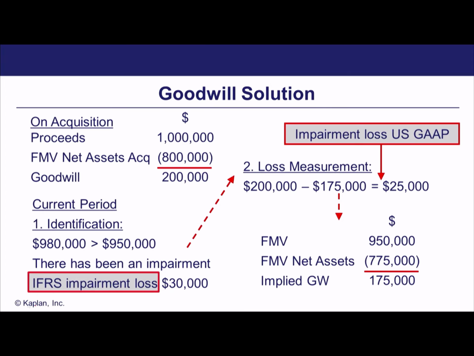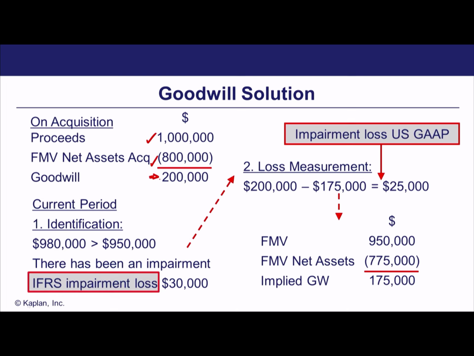Okay, so first of all, let's start off with the original goodwill calculation. So we acquired it by spending 1 million. The fair market value of identifiable net assets we acquired, 800,000, and therefore the goodwill figure that we reported initially at the date of acquisition, 200,000. Next thing is the current period, isn't it?